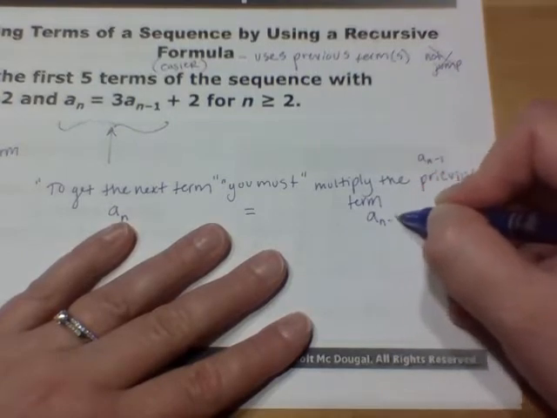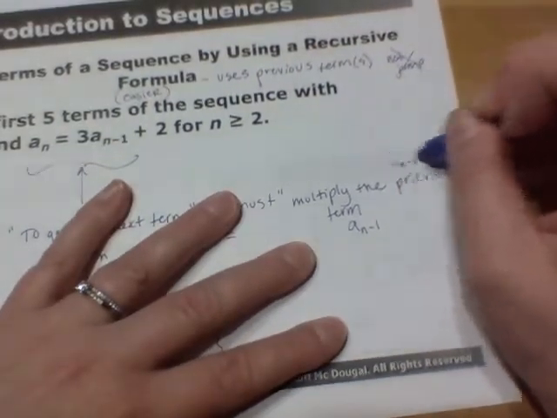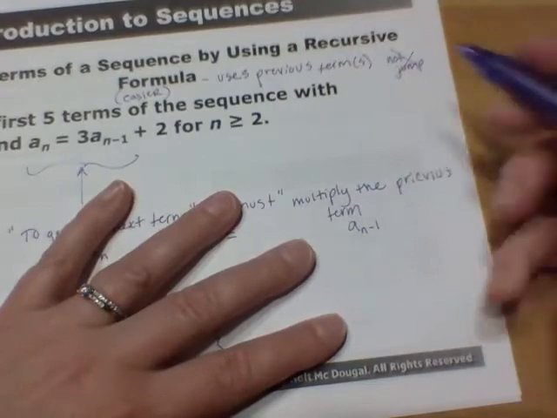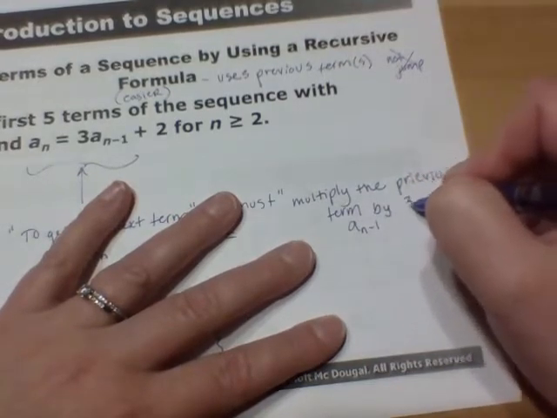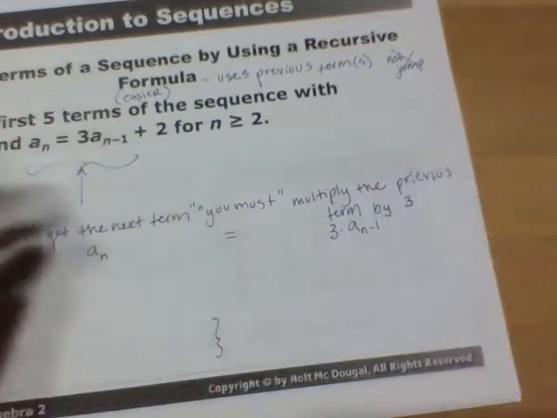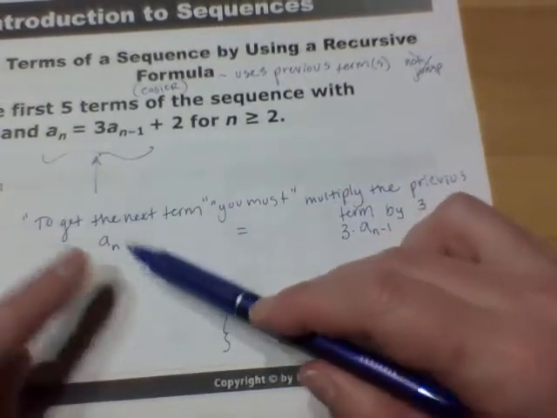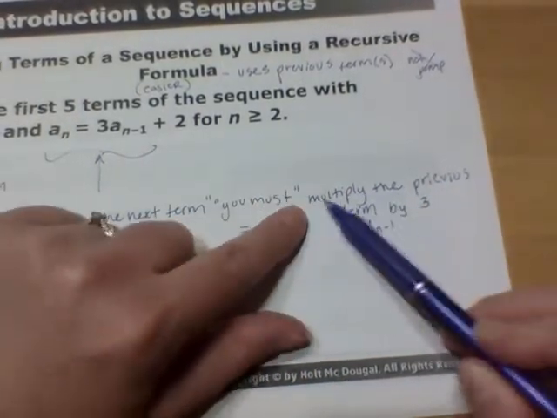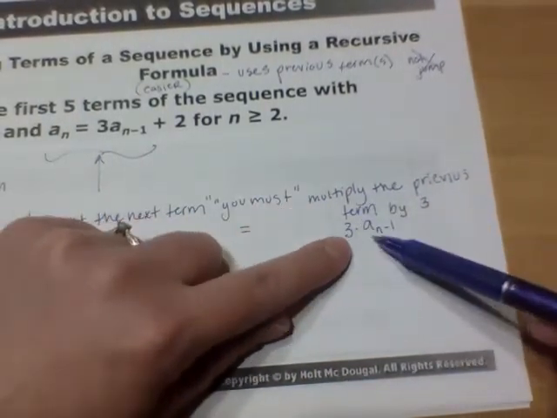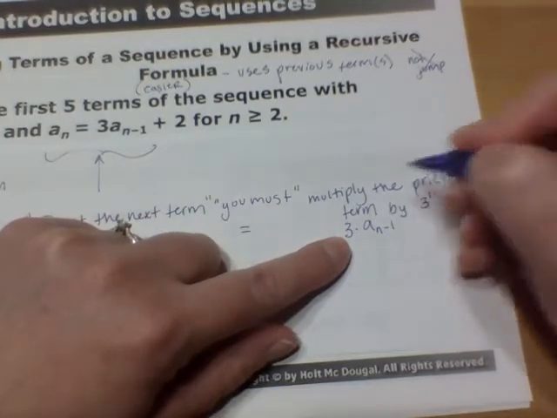By 3. Okay, so again, to get the next term, you need to multiply the previous term by 3. So that's what this part is saying. And then, of course, add 2.